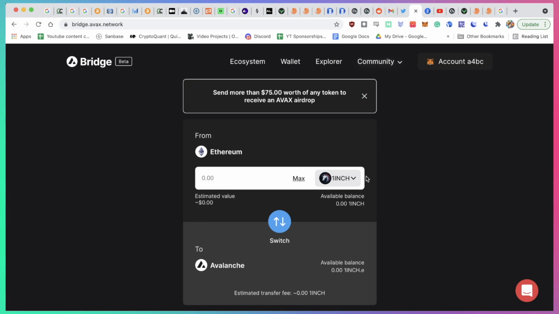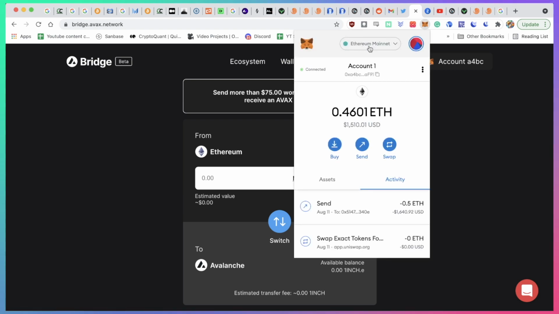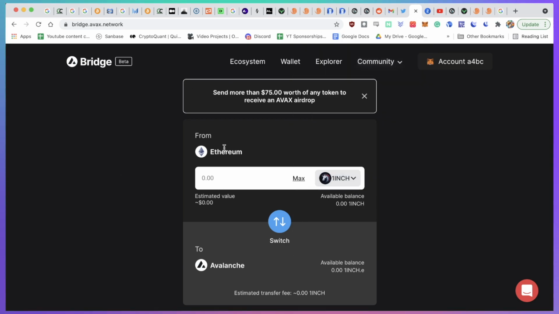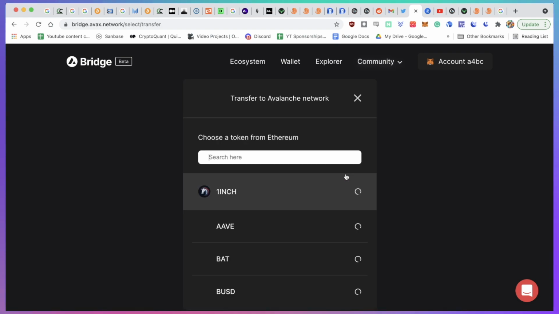So now I'm actually going to connect my account that's already connected. I need to make sure that I'm on the Ethereum mainnet because I'm going to have to sign a transaction on Ethereum first, and I would like to send some ETH tokens. So from Ethereum, I'm going to send some ETH.